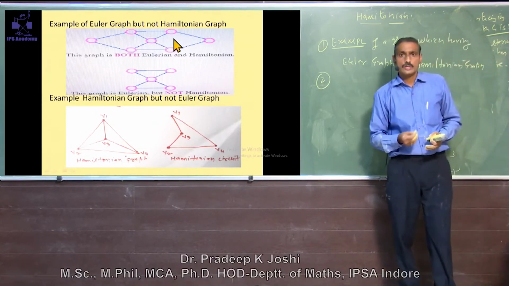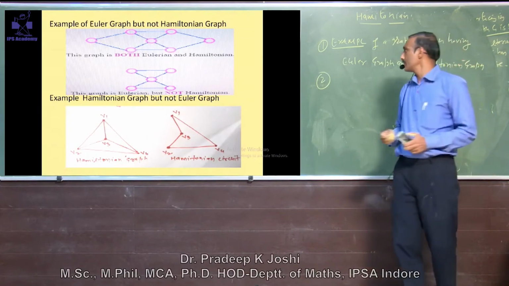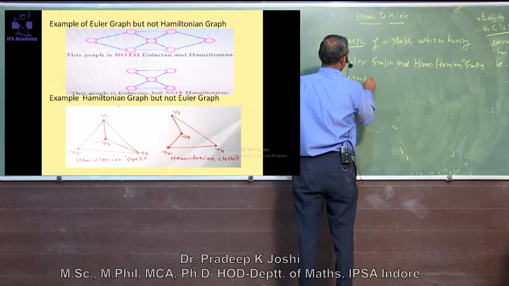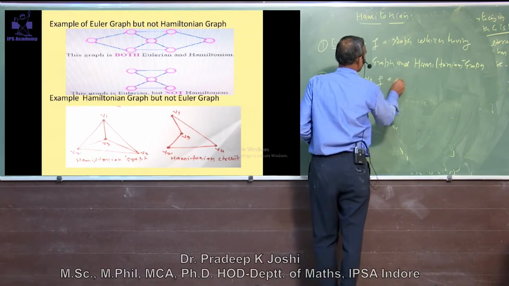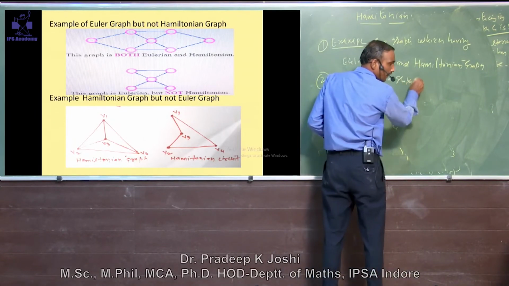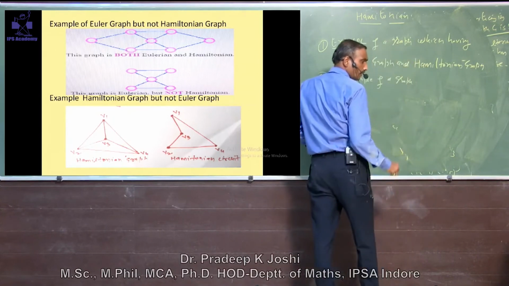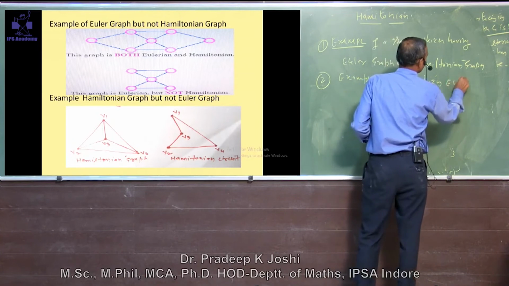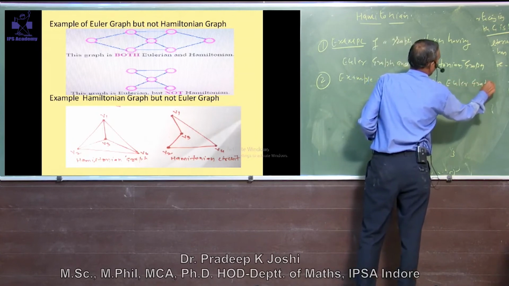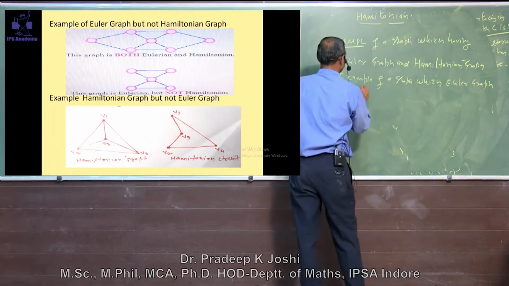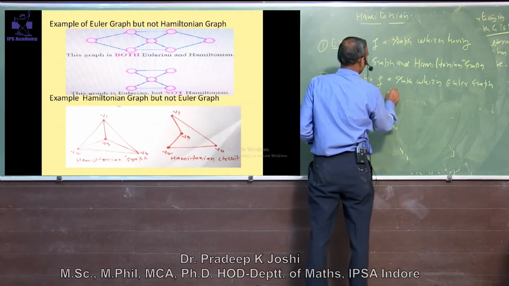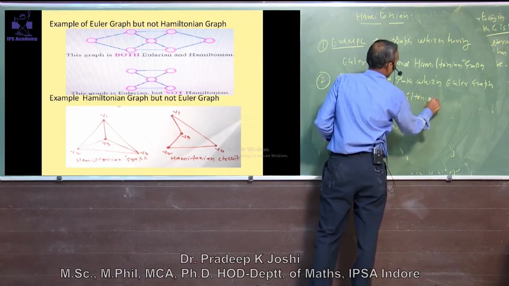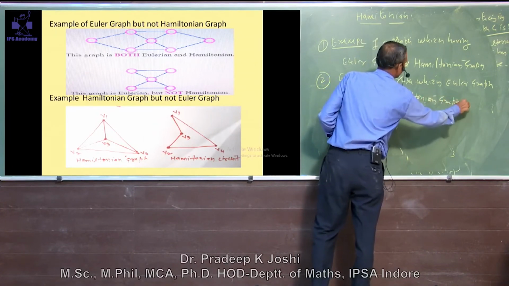Now the second example: you have to give example number 2, an example of a graph which is an Euler graph but not a Hamiltonian graph.